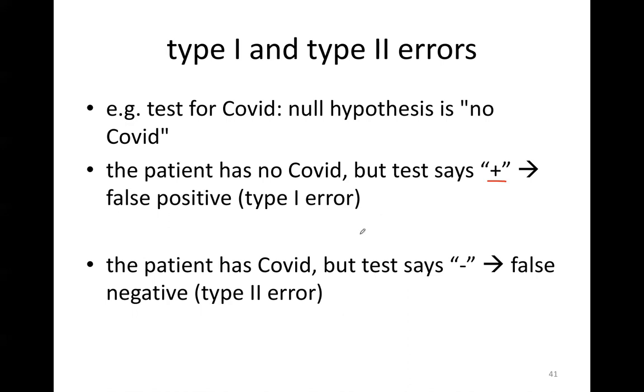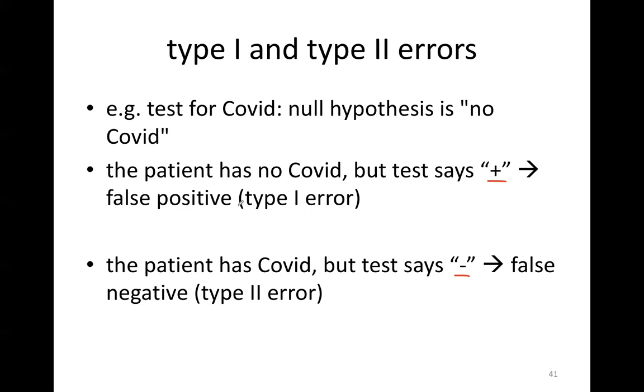And if the patient has COVID, but the test says negative, that would be a false negative. In the pandemic situation, of course, which one is more dangerous? The false negatives are dangerous.